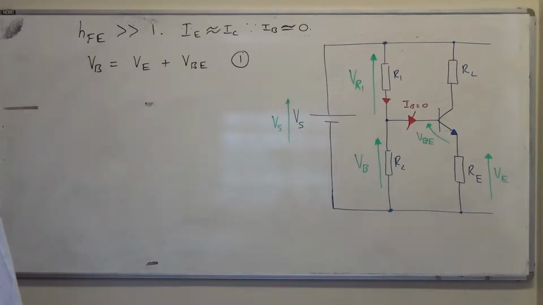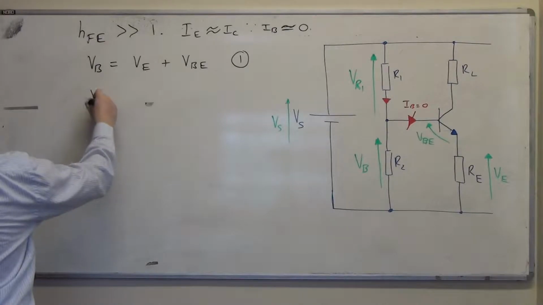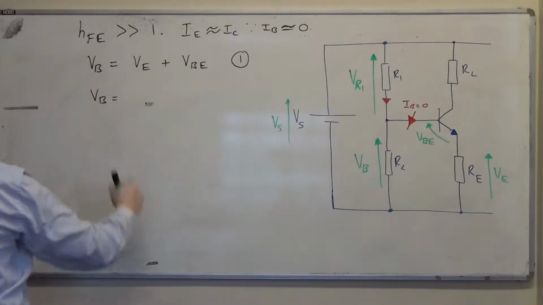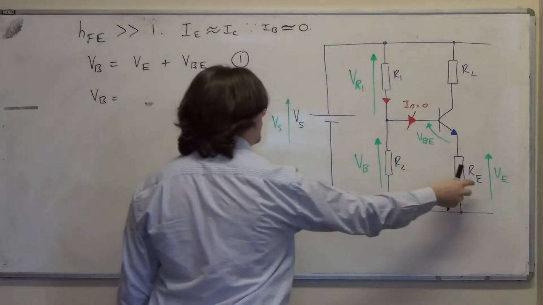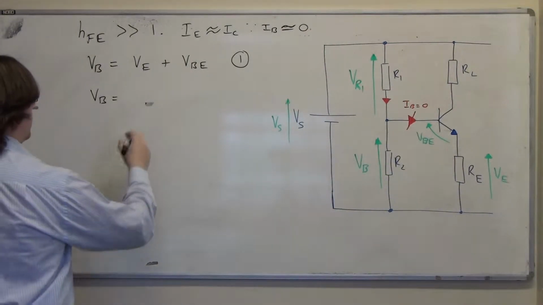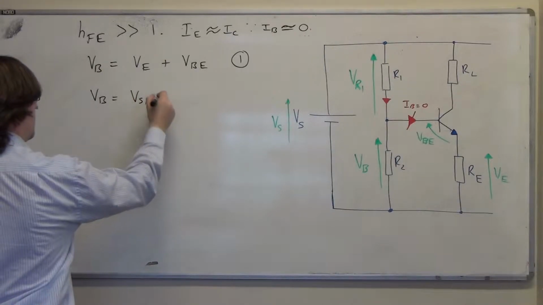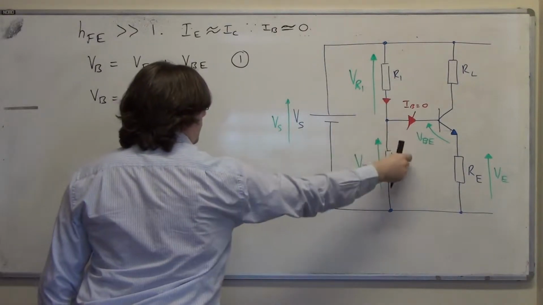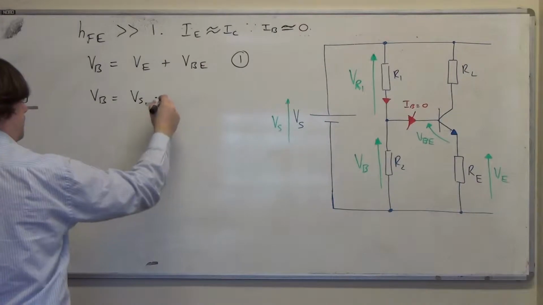And the other thing that we can say is that VB is also, so that was the summation of these two voltages to yield that one. But we also know that VB is VS multiplied by R2 over R1 plus R2.